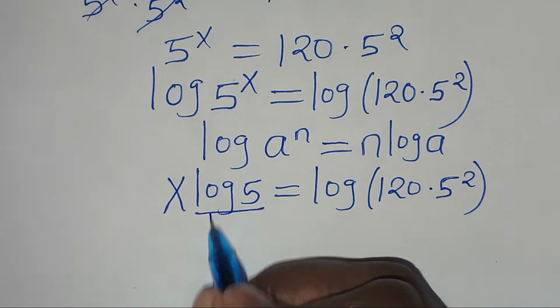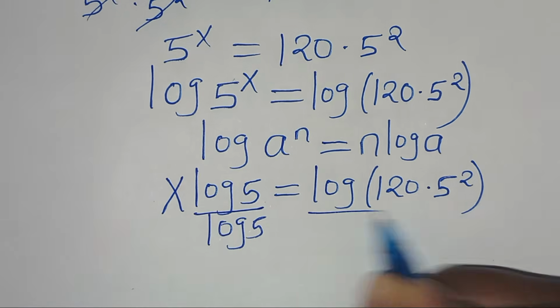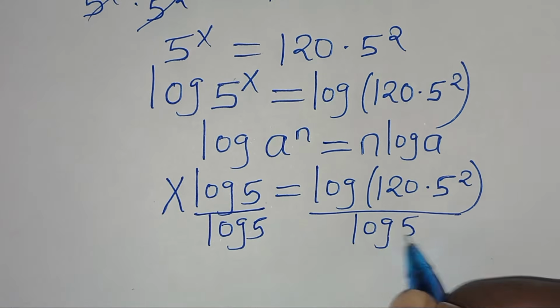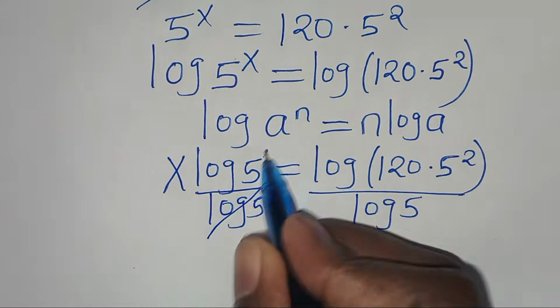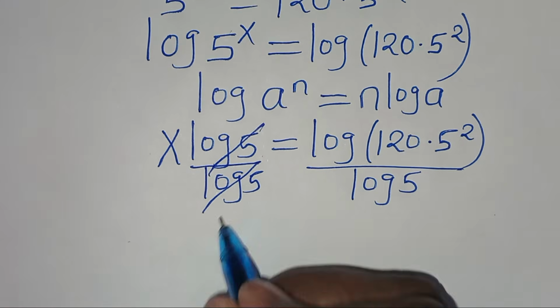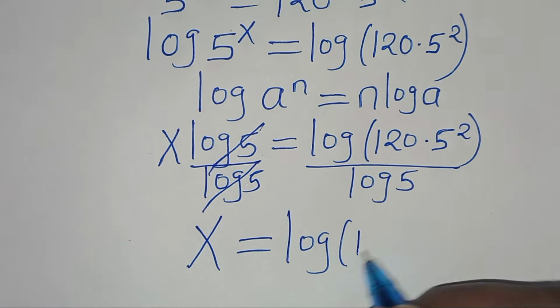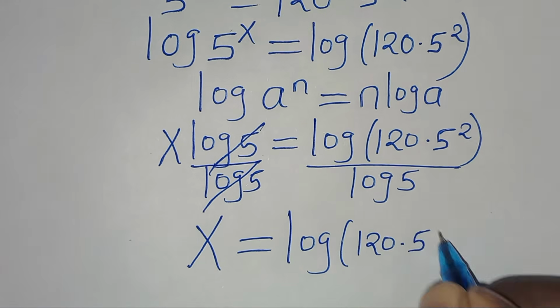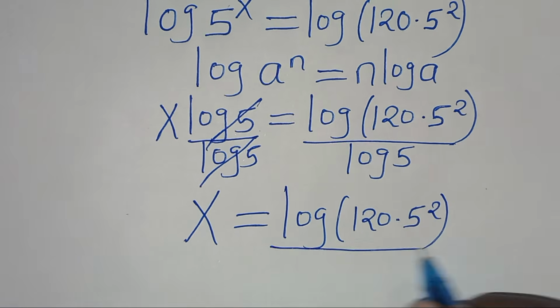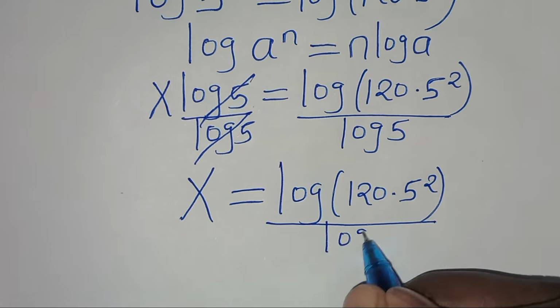So let's divide both sides by log 5. So log 5 and log 5 simplifies here, so that we have x is equal to, this is log 120 times 5 to the power of 2 divided by log 5.